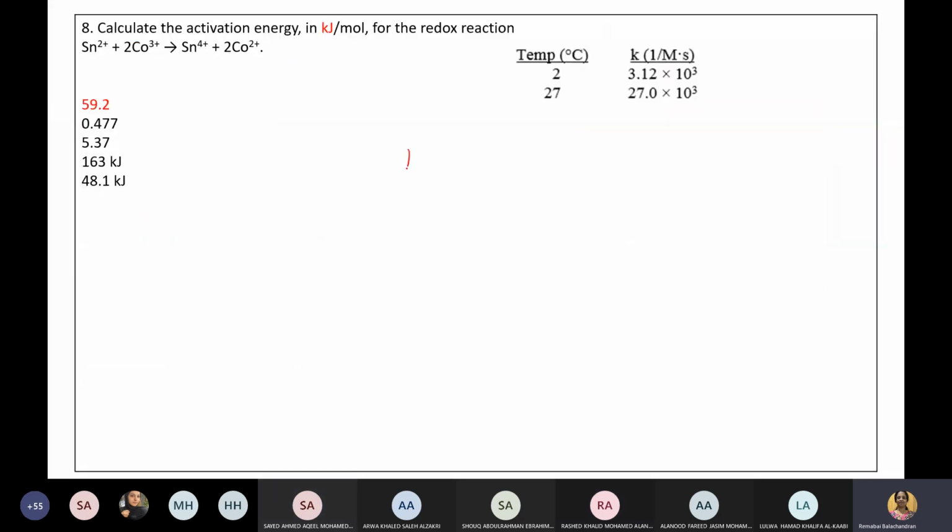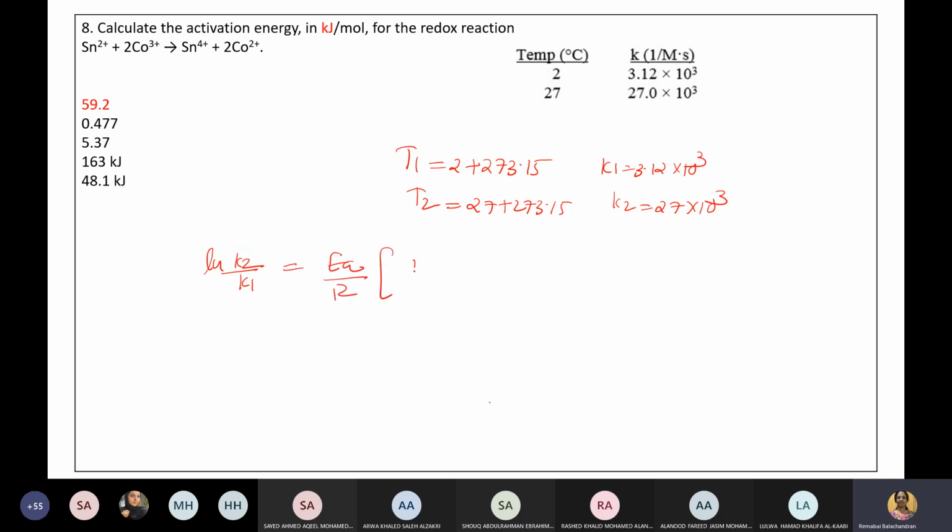Yes. T1 is 2 plus 273.15. T2 is 27 plus 273.15. k1 is 3.12 times 10 to the power 3. k2 is 27 times 10 to the power 3. So you will get ln(k2/k1) is equal to Ea over R times (1/T1 minus 1/T2).